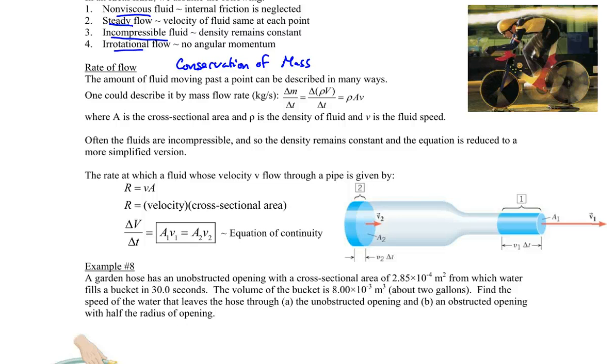Take a look at this situation where we are going to be looking at a fluid that is entering a pipe here, and there's a chunk of mass here. So there's this slug of mass here. We'll call that M2. And then that same slug of mass is leaving here. We'll call that M1.